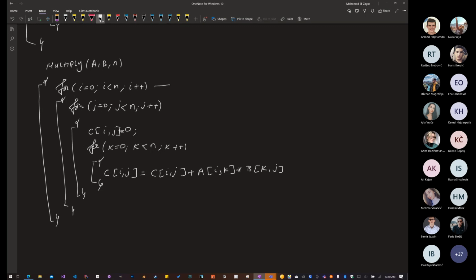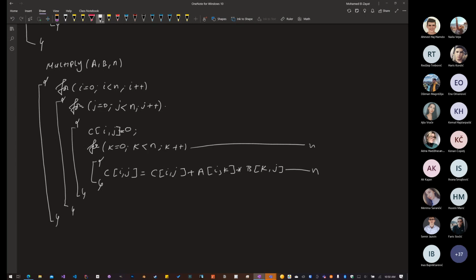So this will run n times, and from the perspective of this for loop, there we go, n, and then we have another n, and then another n. Let me extend these lines further to line everything up.